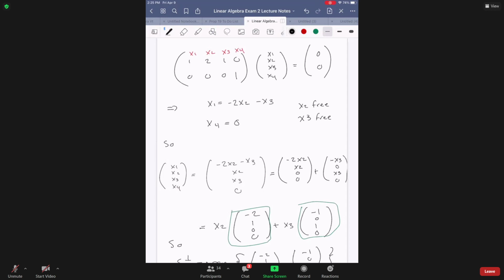You see how I just split up the vectors? And then after that, I just factor out an x2 and an x3, and it gave me this very next step.